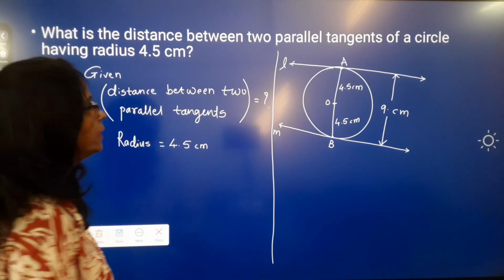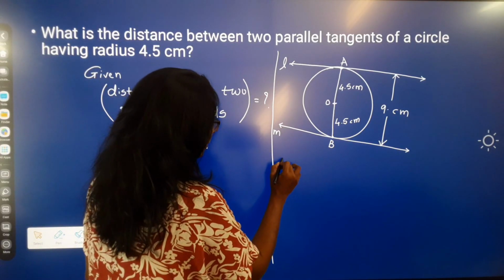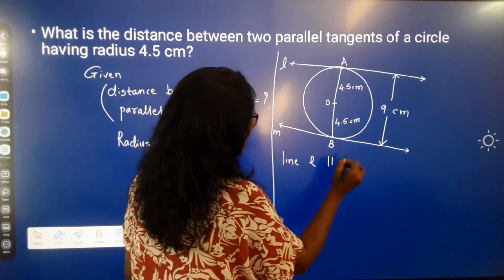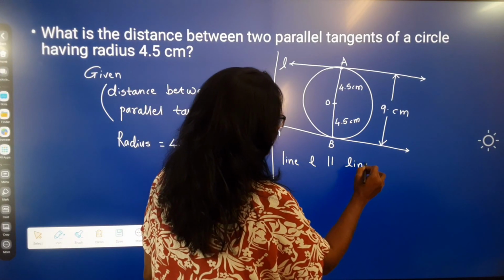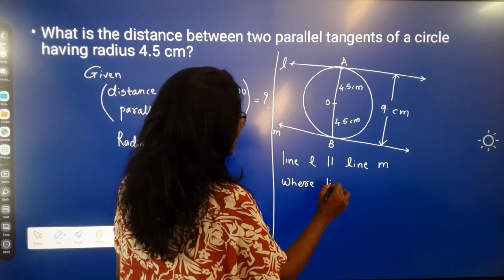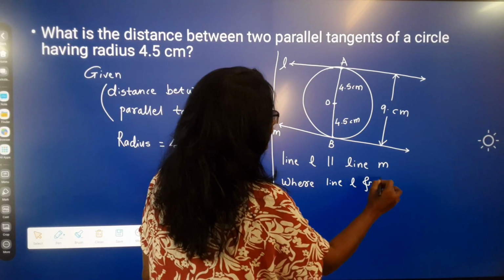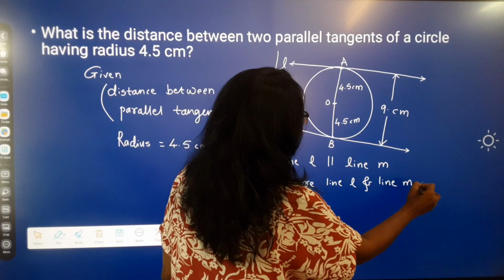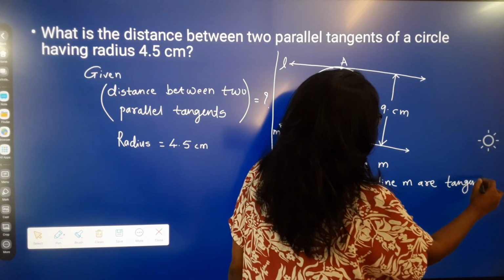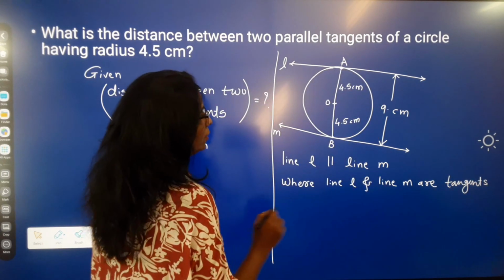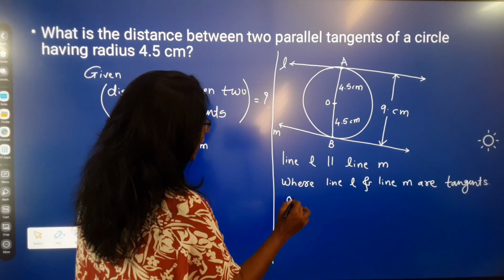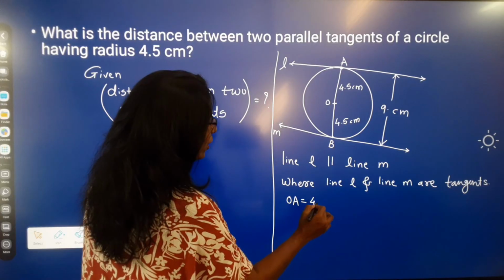So here we write that line L parallel line N, where line L and line N are tangents. Okay, are tangents. Now here OA is equal to 4.5 centimeter.